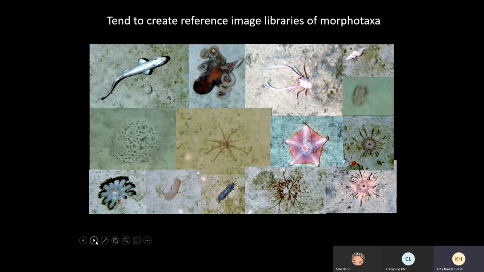These organisms may be given a species name, a genus name, or sometimes even a higher taxonomic level name, along with a denotation of morphospecies 1, 2, 3, or 4. So things, for example, like sponge species 1, sponge species 2. And these then enable people to analyze this imagery in some kind of detail, whilst being unable to put a confirmed species identification on things.